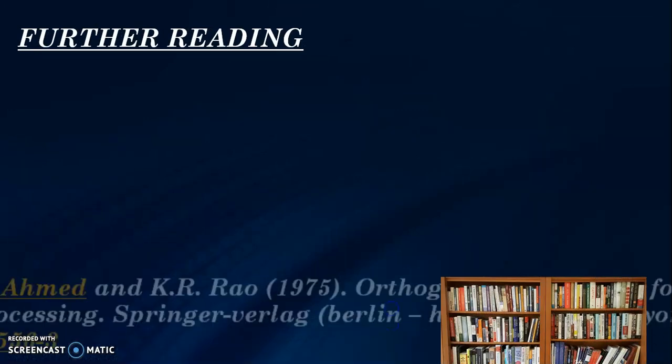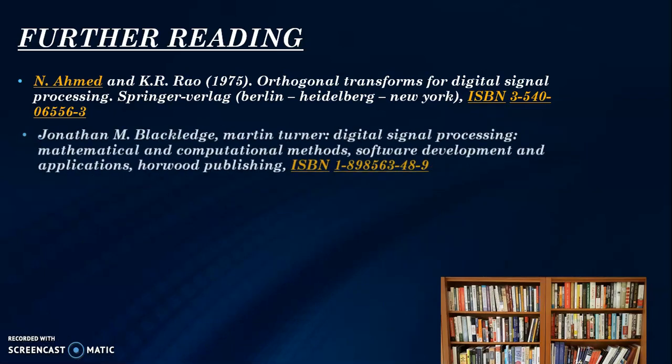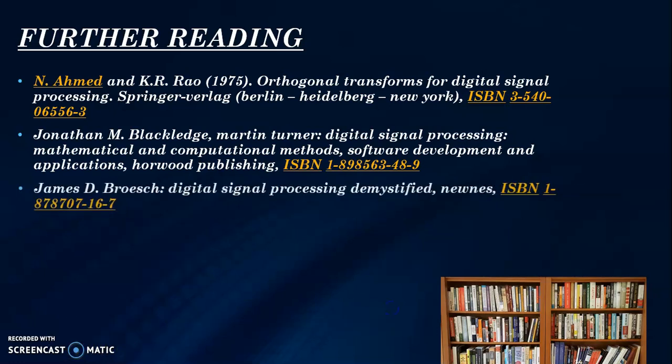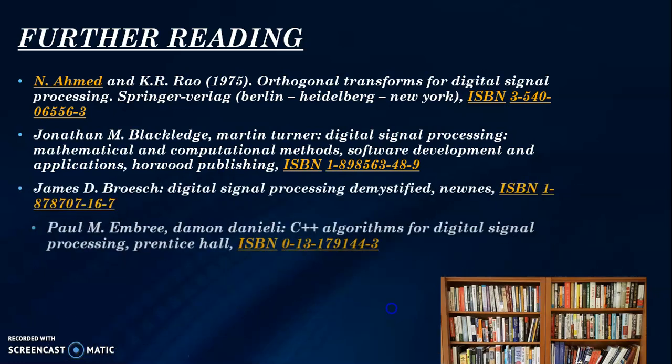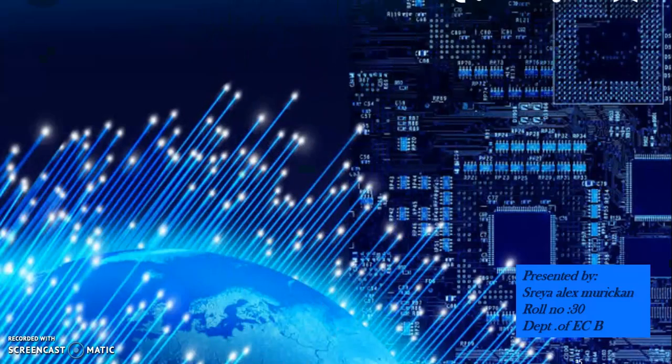Further readings: N. Ahmed and K. R. Rao, Orthogonal Transforms for Digital Signal Processing. Jonathan M. Blackledge and Martin Turner, Digital Signal Processing: Mathematical and Computational Methods, Software Development and Applications, Horwood Publishing, etc.